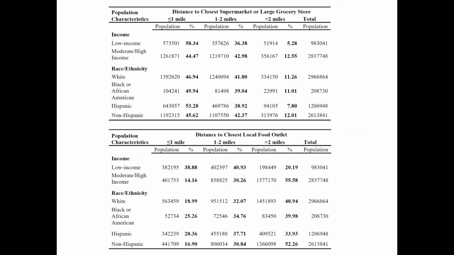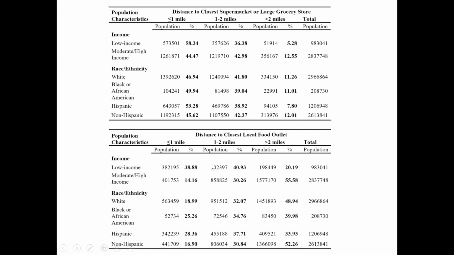But in terms of what kind of neighborhoods those different types of food outlets are serving, you see the huge difference. If we look at low income, medium or high income population groups, the supermarkets serve about 58% low income people compared to 44% of medium or high income within a mile.